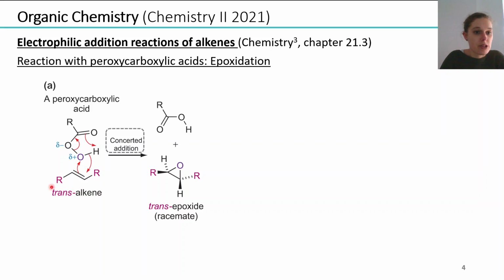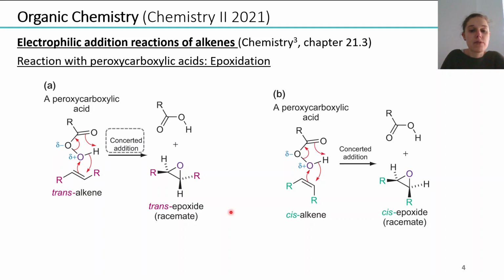So if we start with a trans-alkene, we will end up with a trans-epoxide. So we can say that this reaction is stereospecific. Of course, we can also obtain a cis-epoxide. The only thing we change is to start with a cis-alkene in order to produce the cis-epoxide.